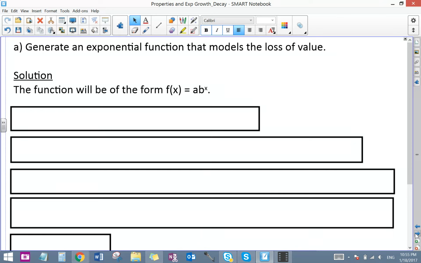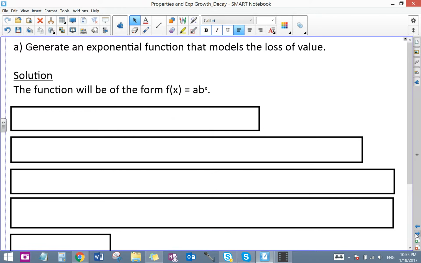Okay, so recall last time we went through and we created a model or an equation as a model. We started out with the base, or the generic equation, f of x equals a, which is the initial value or y-intercept, multiplied by b to the x. Now the b, or the base, in that power of b to the x is either the growth or decay factor.